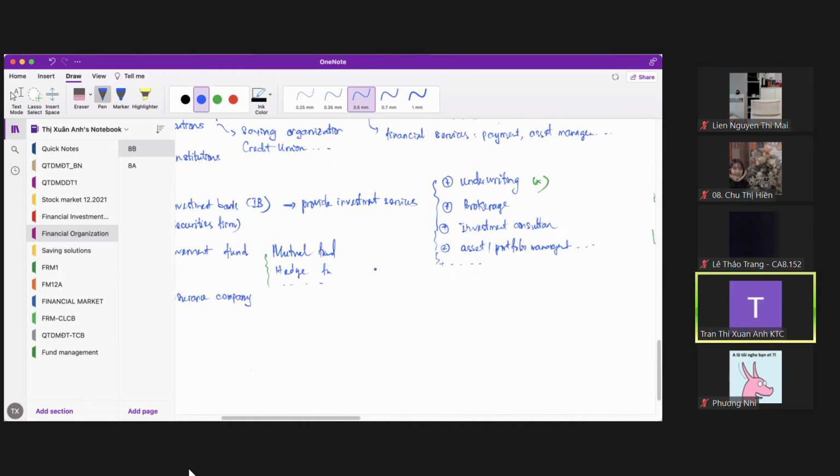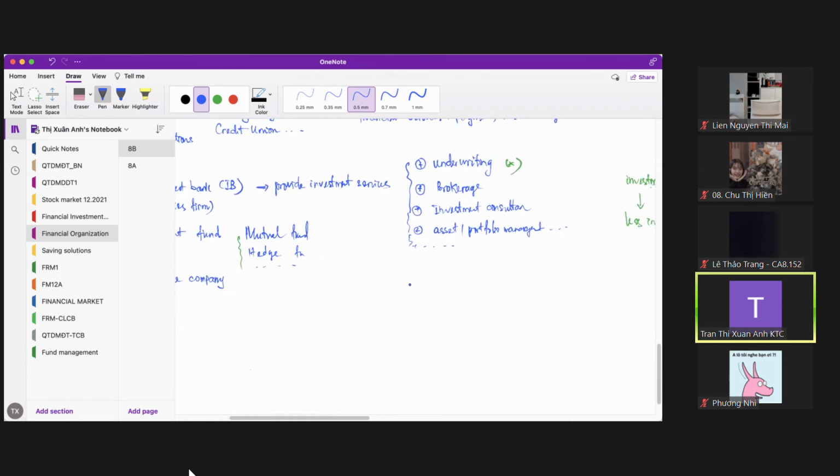However, we can understand what an investment fund looks like: the fund is a financial intermediary. They collect money from retail investors. Retail investors are people who have less information and not much knowledge or experience to invest in stock markets.